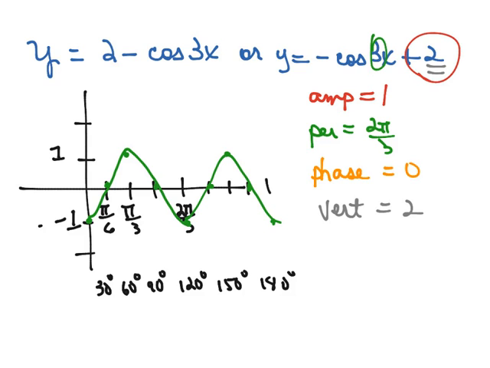So I'm going to take every point and shift it up 2 units. And so I get the exact same graph, except everything is shifted up 2. So the red graph is my final answer for y equals 2 minus the cosine of 3x.